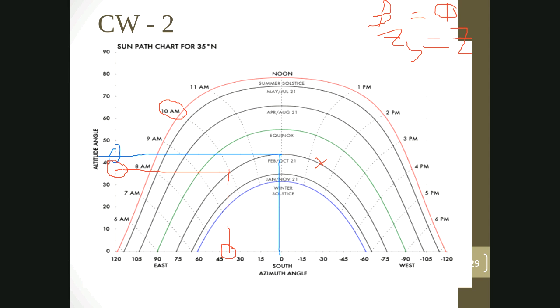How can we find these optimum angles using the sun path diagram, say for August 21 at 11 a.m.? Okay, August 21 at 11 a.m. Any volunteers?